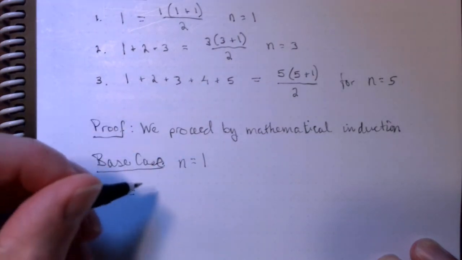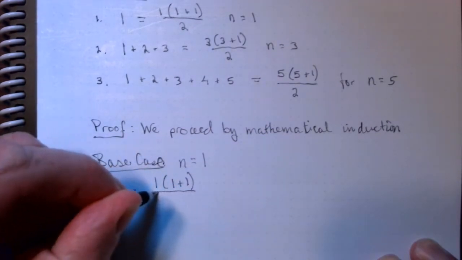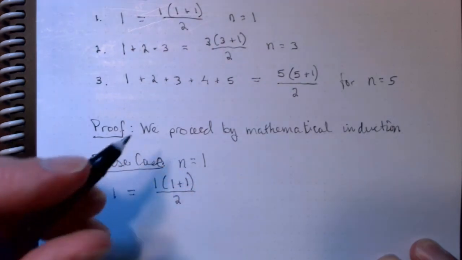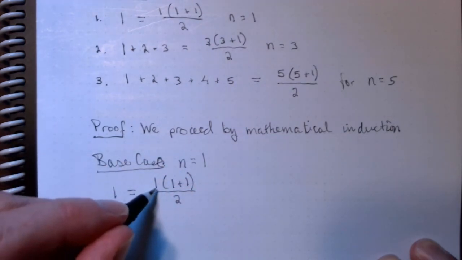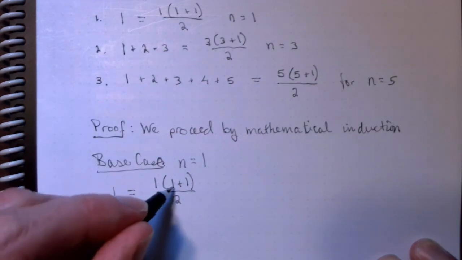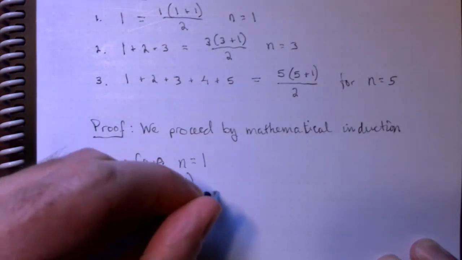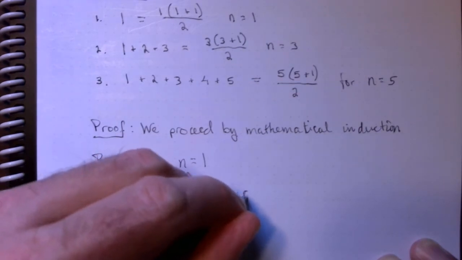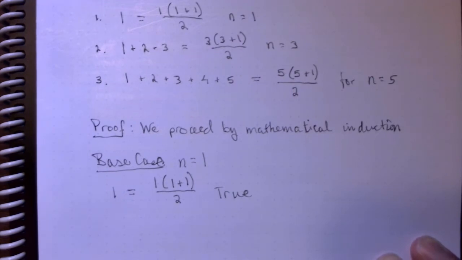So when n equals 1, the claim is saying that this equation should be true. If we look at the right-hand side, I've got 1 times 2 divided by 2. So this is saying 1 equals 1, so that is true. The base case is almost always a trivial computation.